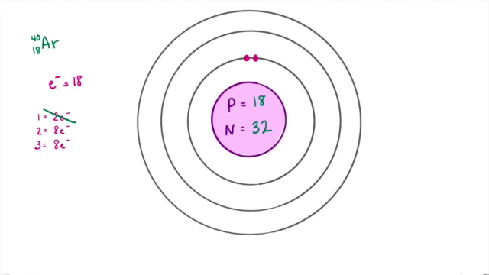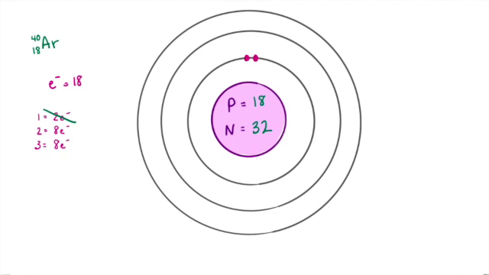I usually go around clockwise, you don't have to. But I'm going to put them as singles, and then I'll pair them up as I go around. Okay, and this will be more helpful whenever we actually do Lewis dot diagrams. If you start making a habit of doing this, it'll help whenever we get to covalent bonds and things like that.